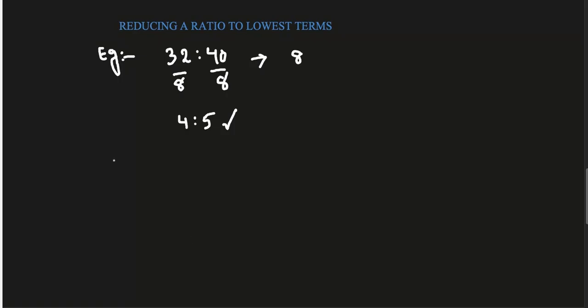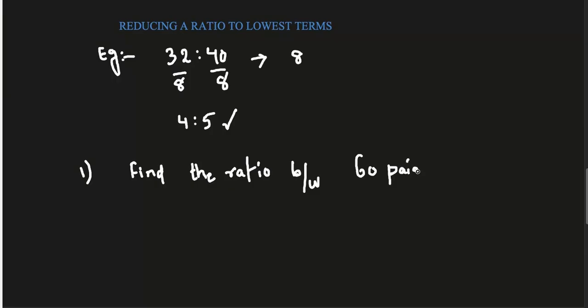This is an exercise problem and it says: find the ratio between 60 paise and rupees 1.35. Before jumping into the solution, I want to tell you one thing here. What does it specify? What does it imply here?